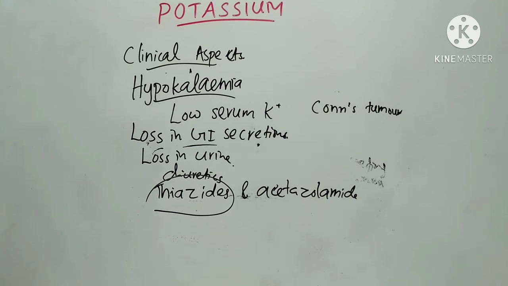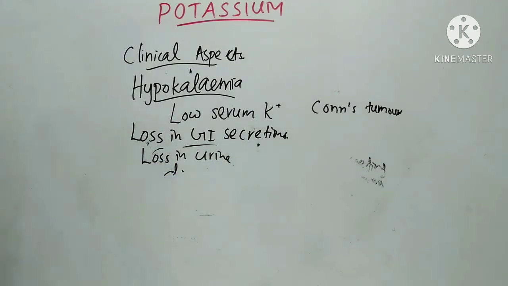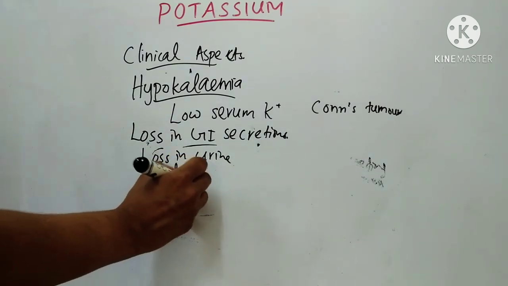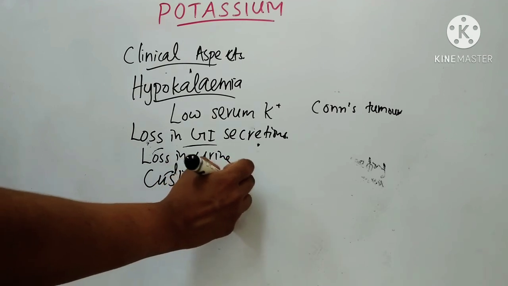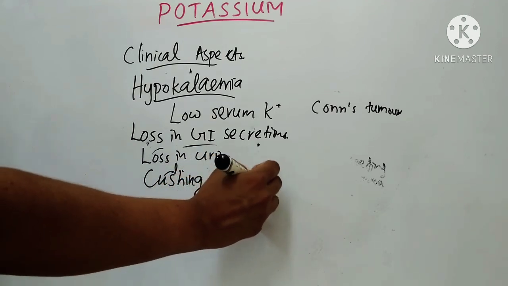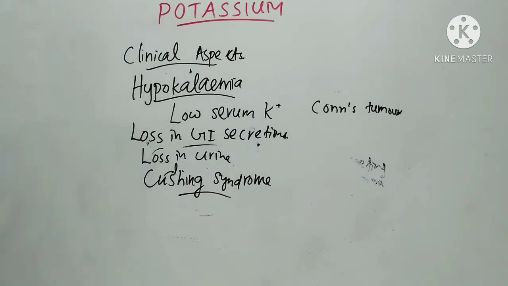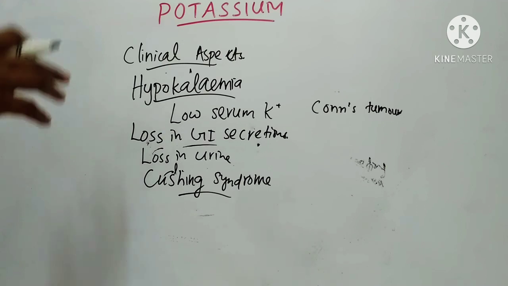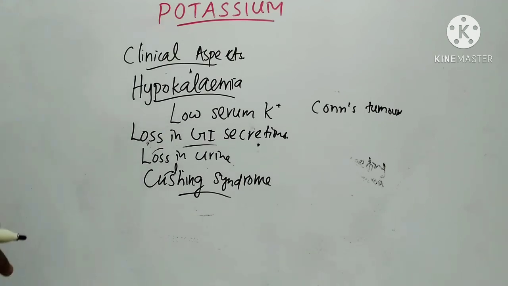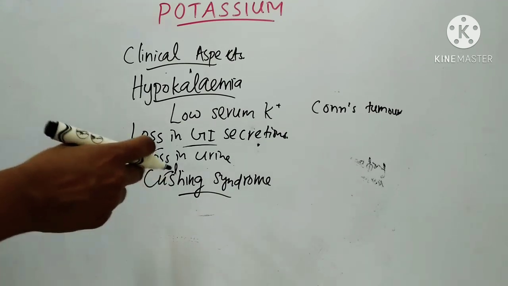Then Cushing syndrome, that is adrenocortical hyperfunction. Here also hypokalemia is seen. It is particularly severe if the process is due to production of ACTH by an ectopic tumor.